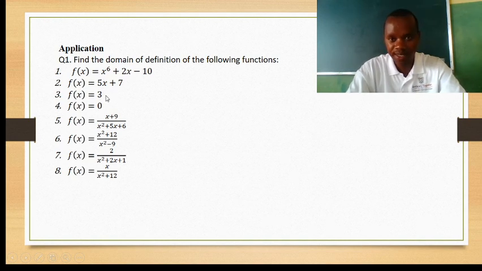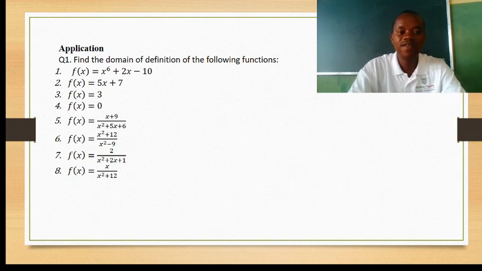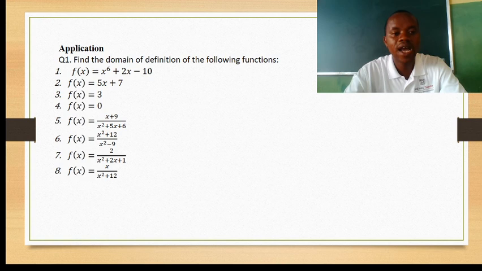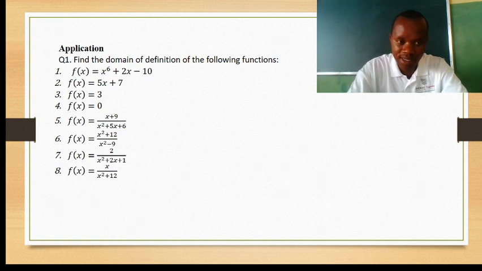Also this one is a constant function. Every real number will have the image 3, which means it has the domain of definition as the set of all real numbers.